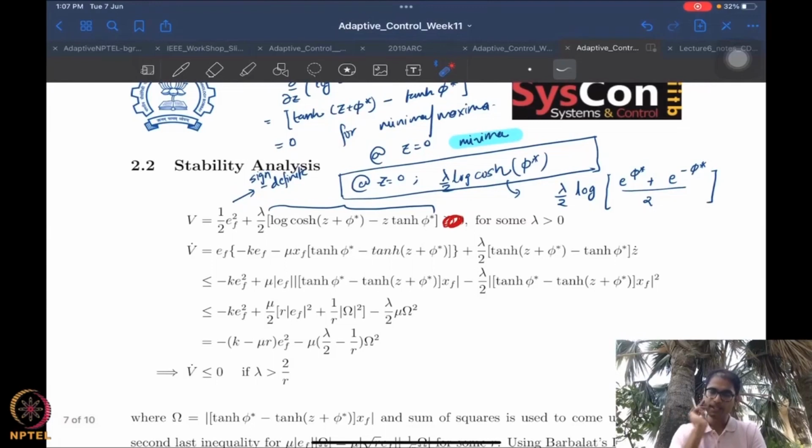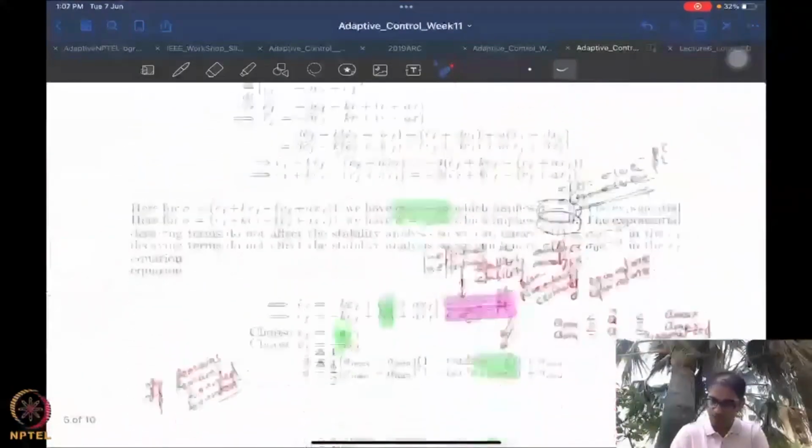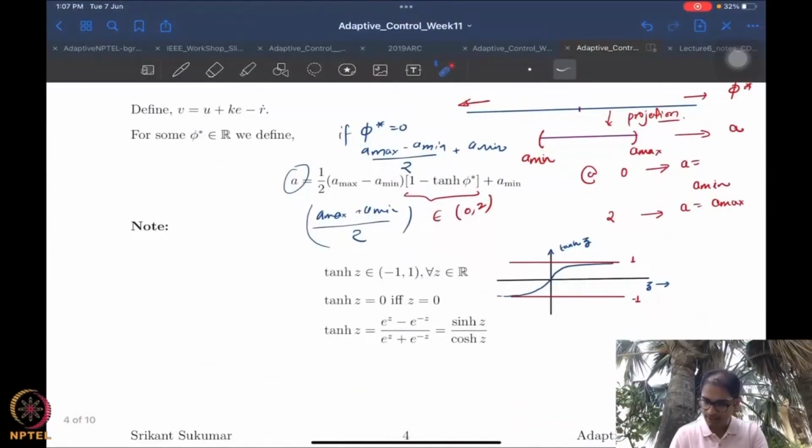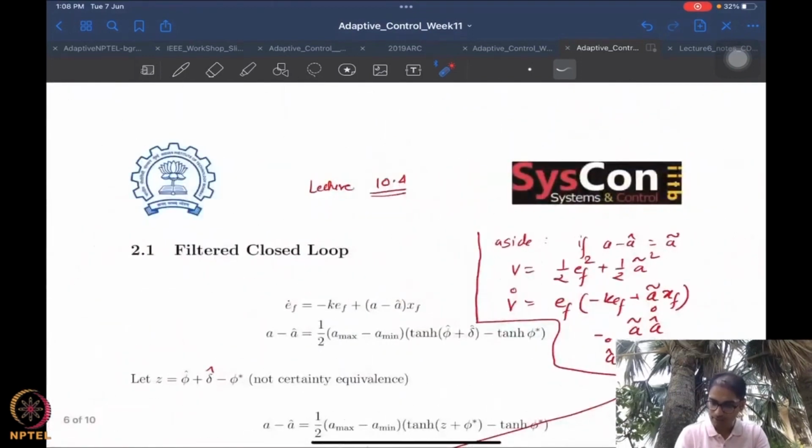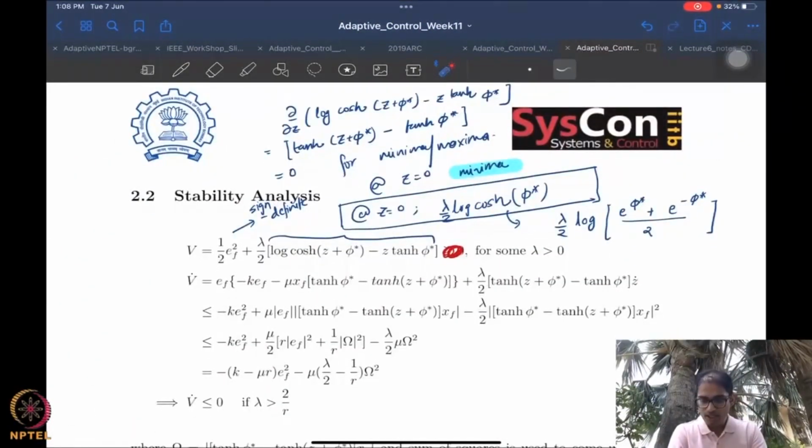Tan hyperbolic of z plus phi star is equal to tan hyperbolic of phi star, and the tan hyperbolic function looks something like this. Now, the only time the two will match is, I believe, when z is exactly equal to 0. So that's the only time they will match.